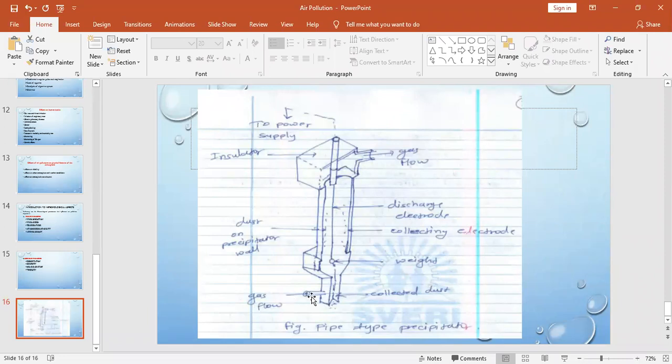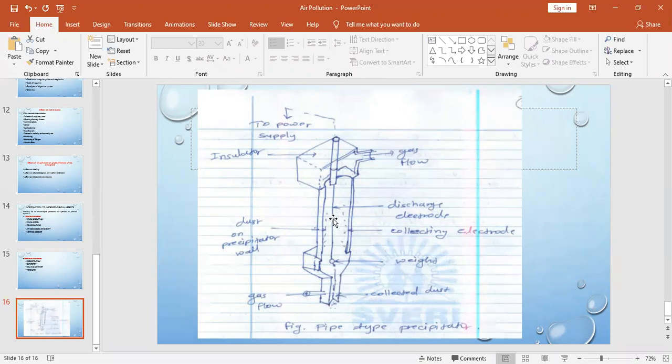So the gas will flow from this, and when the gas is blowing through this channel, the discharge electrode will charge the particles, in the sense the particulate matter present in the gas.